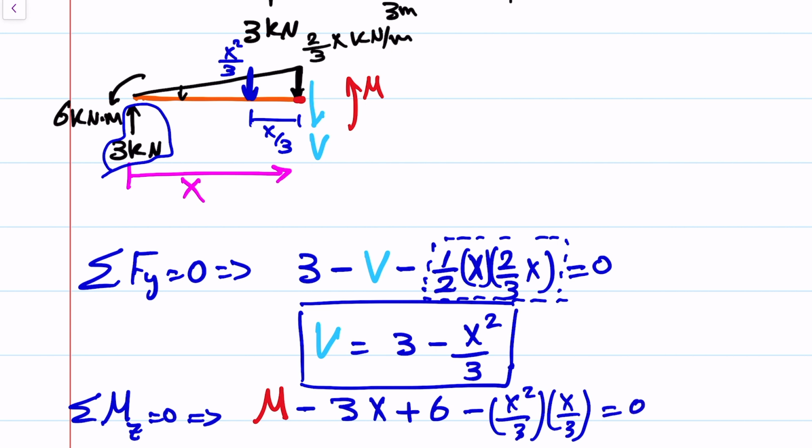So the moment would be, this is x cubed over 9, and then plus 3x and minus 6. And this is the equation for the moment.